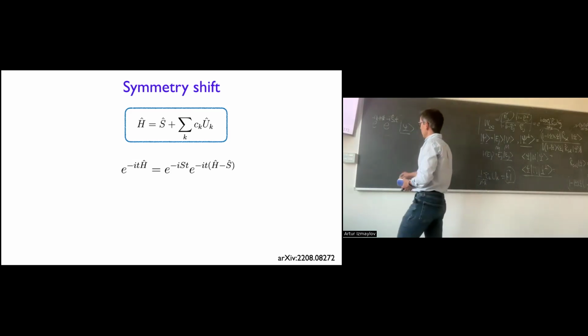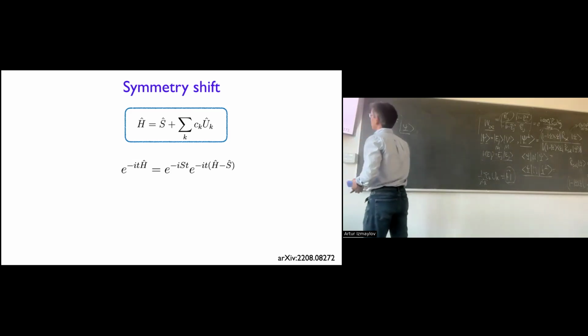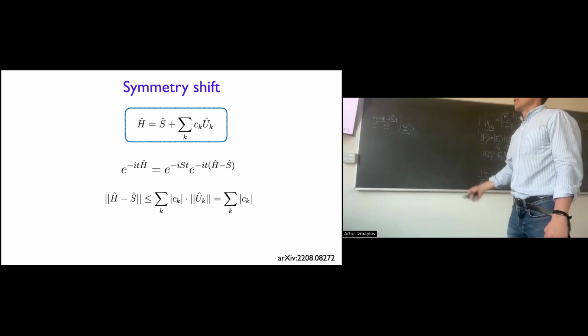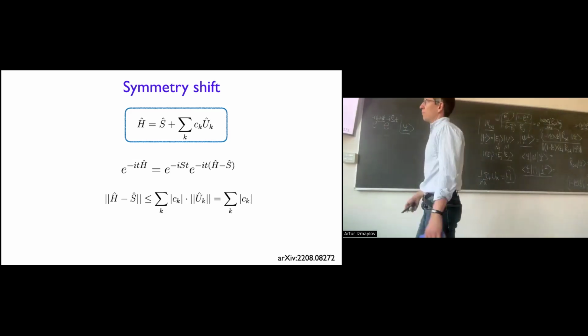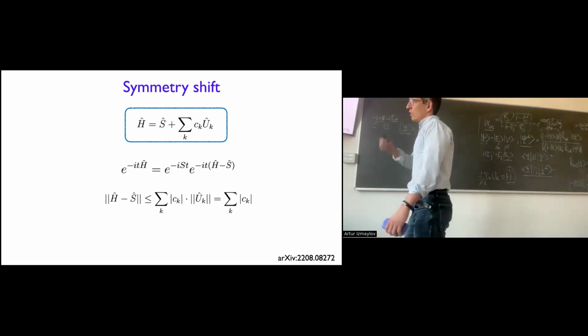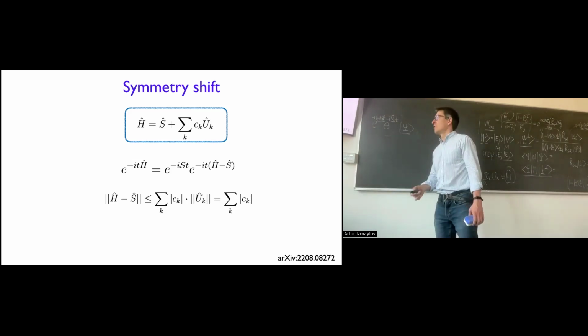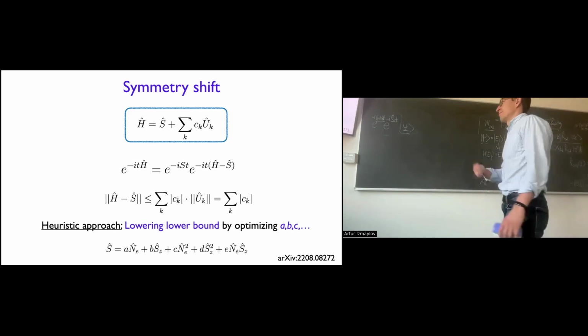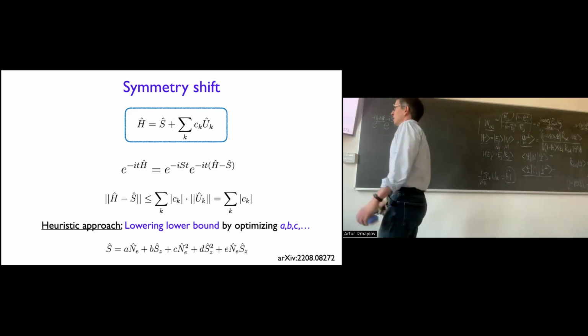Okay, so by that we could reduce the norm of the Hamiltonian and essentially get the lower one norm because we remove some of the information as a symmetry change. So heuristically we could find this lower bound by optimizing.